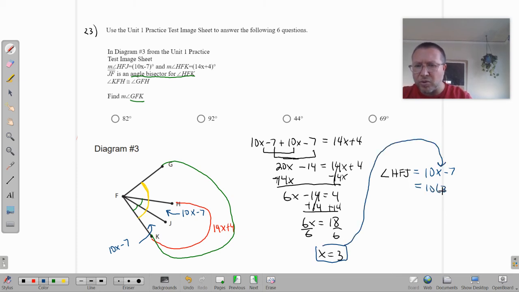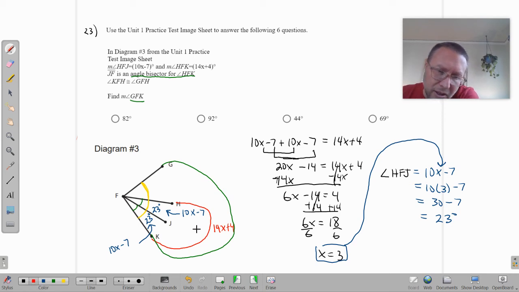So 10 times 3 would be 30. 30 minus 7 would be 23. So that means that this is 23 degrees. Well, if that's 23 degrees, that means that's 23 degrees. And if I want to know what those two things are together, 23 plus 23 would be 46. So the arc that I have in red would be 46.